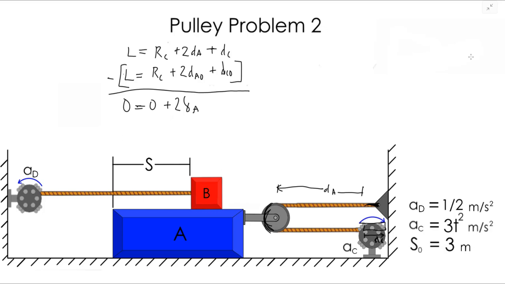Then we write that over here: delta A equals negative a half delta C, because we subtract it over to here and then divide by 2. So that's going to be our first equation.